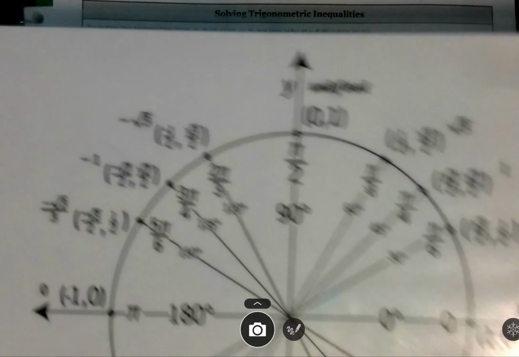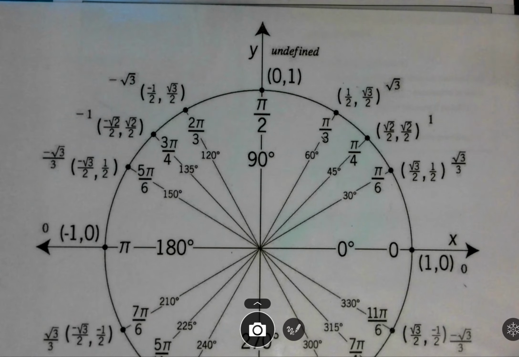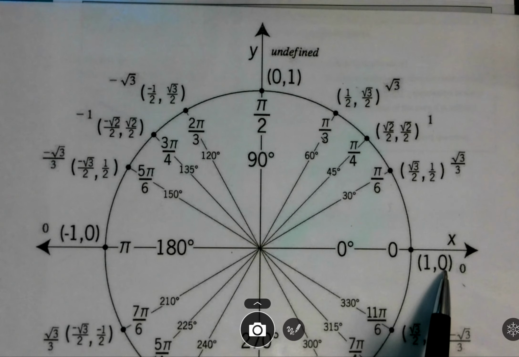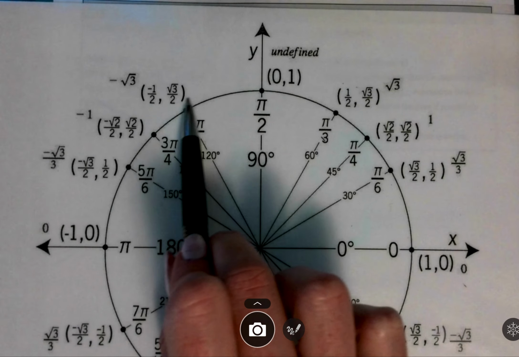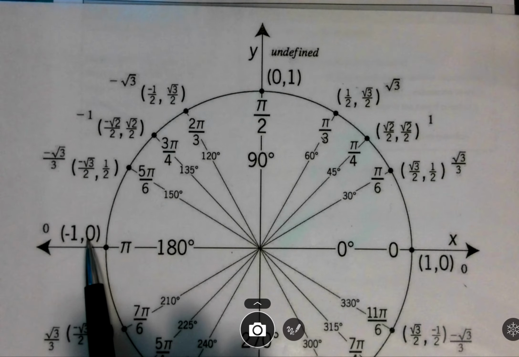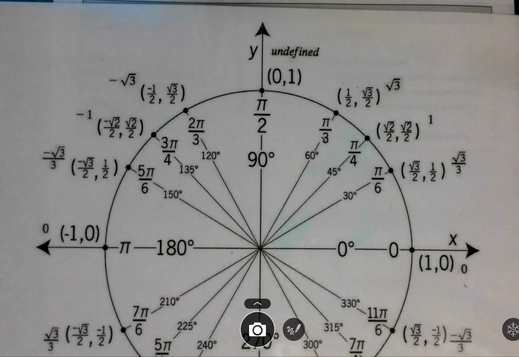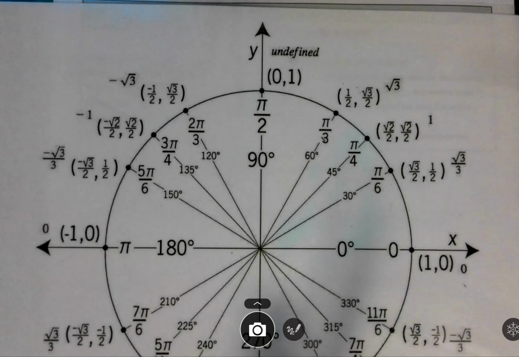So I'm looking at my unit circle for an angle that has a sine value of 0. Sine is my y value, so I have one here at 0. I have another one here at pi. And then technically 1 full time around my circle would be 2 pi, which also has a sine value of 0.